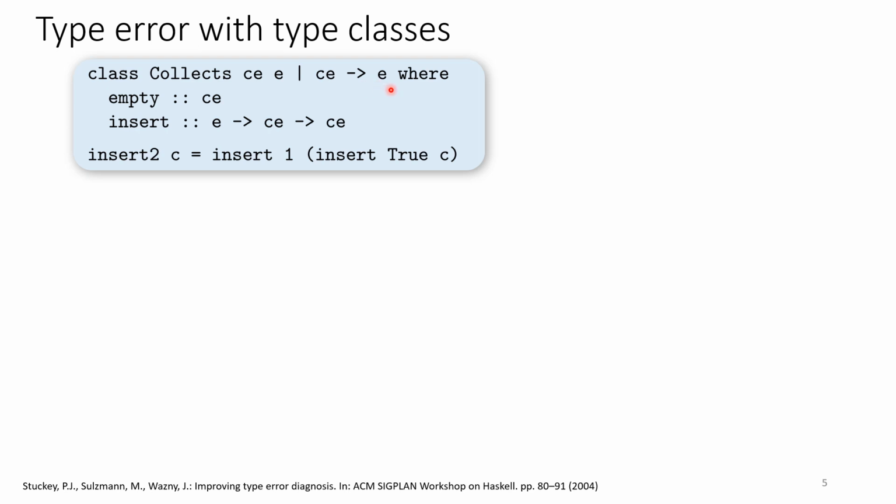So for example, if a list of int is the collection type, then the type of the element must be int. This function insert2 has a type error because it inserts 2 values, 1 and true, that have different types into the same collection.